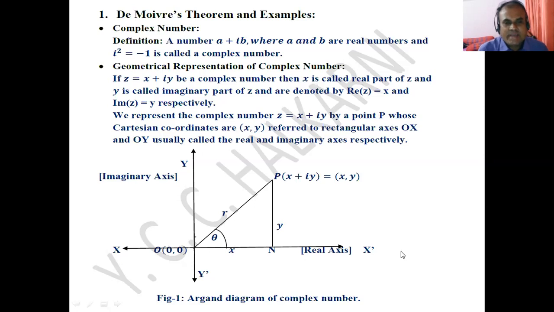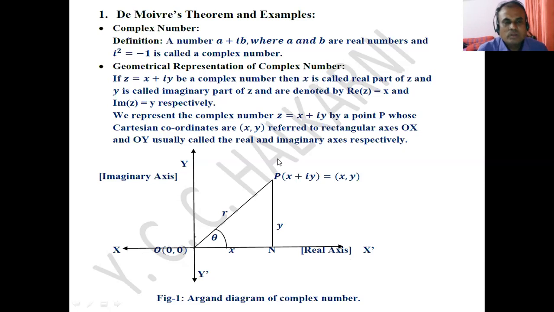This is x dash, this is the x-axis, and this is the y-axis. So this frame is known as the Cartesian coordinates. Here, x-axis x dash is denoted as the real axis in complex form, and axis y dash is denoted as the imaginary axis.